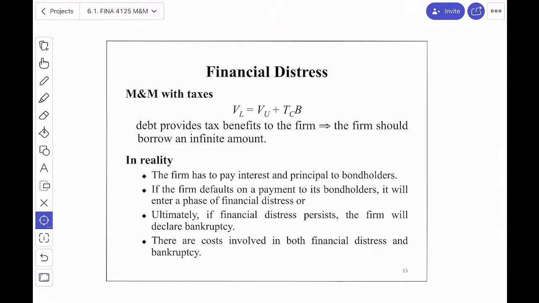So it'd be wasteful to fall into a phase of financial distress.